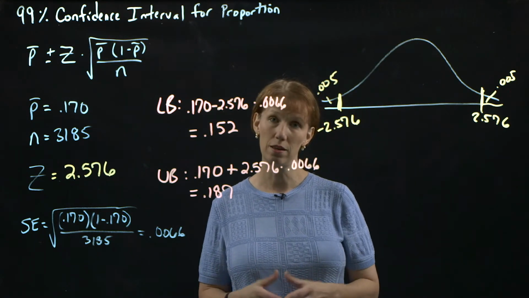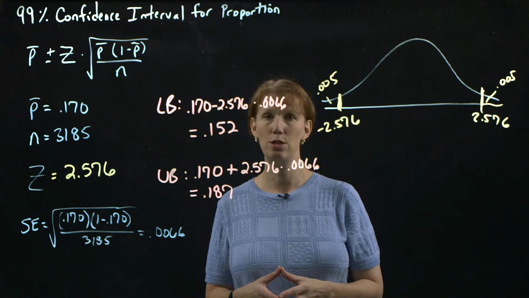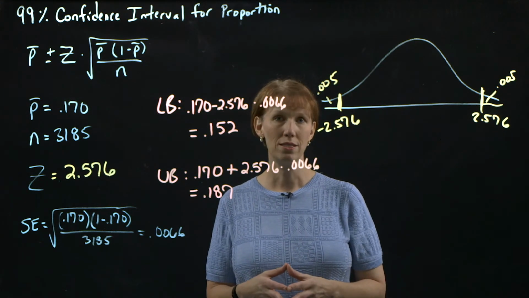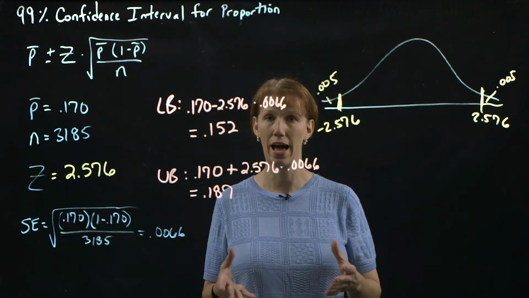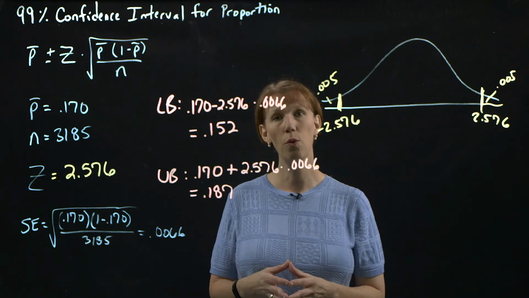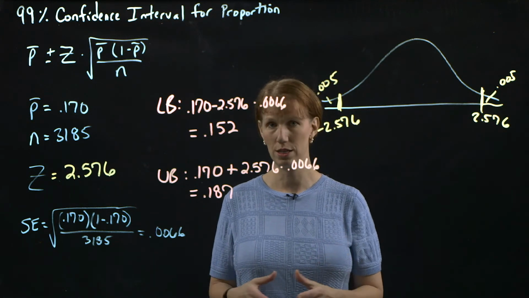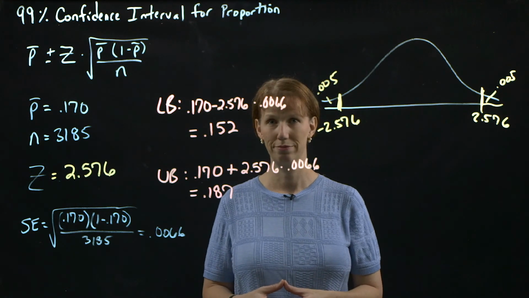Suppose, for example, that the national estimate for smoking in the Medicare population was 0.09. In this case, we can tell that our population is very different from the national average or proportion because 0.09 sits outside of the confidence interval that we have constructed for Hamilton ACO.